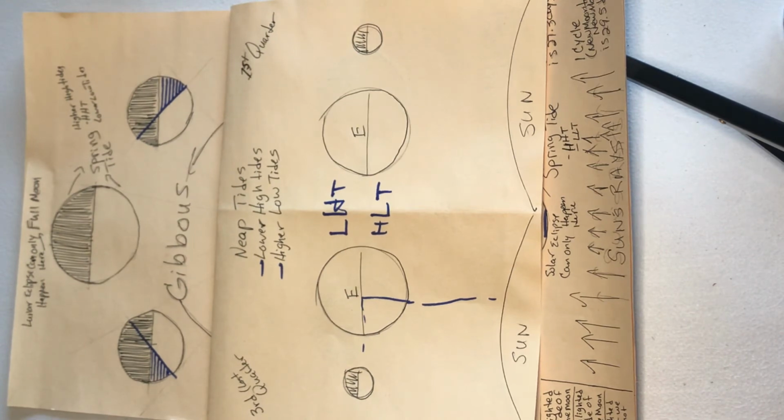Now in between, when we're in the waxing crescent, waxing gibbous, waning gibbous, and waning crescent phases, it's just normal tides. And that is how the moon affects the tides. And it's the moon and the sun. They partner up on that.